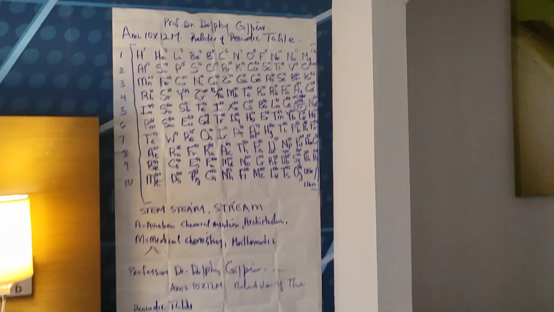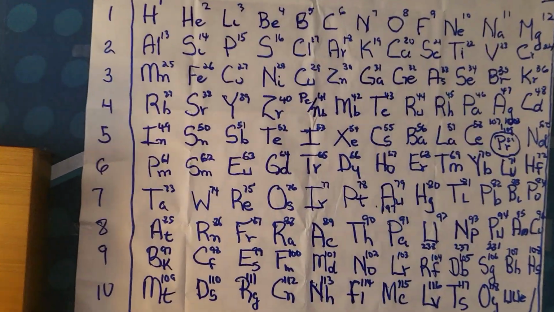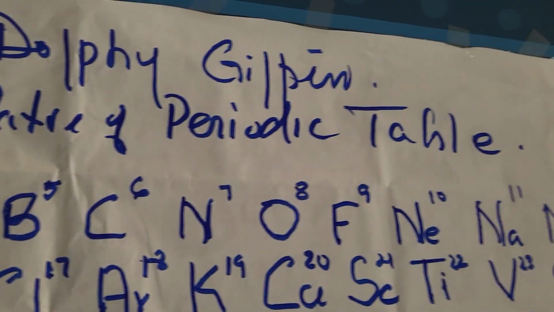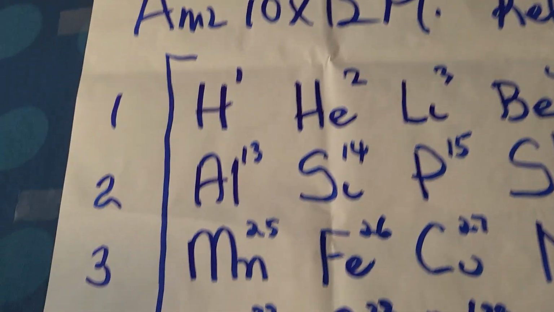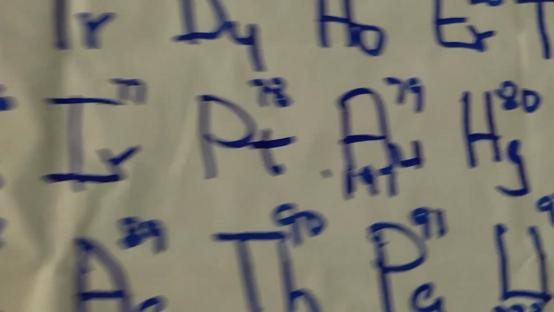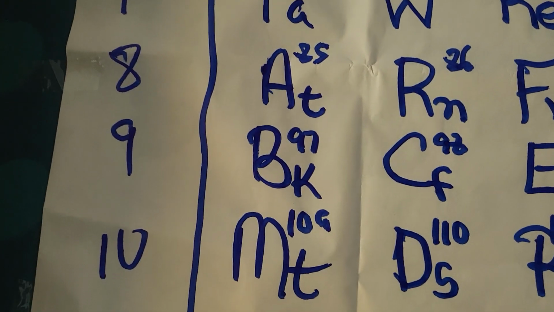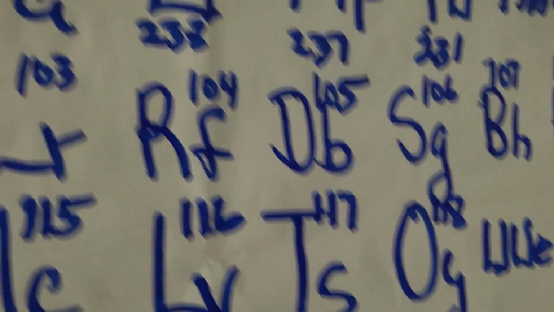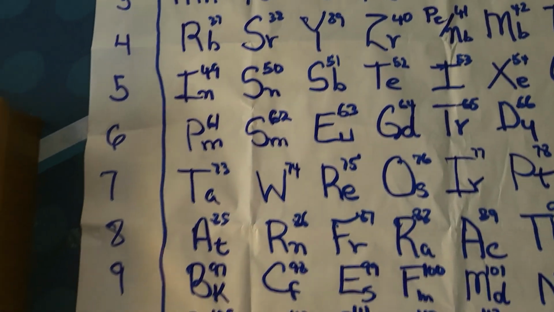Let's give an expanded view here of the AMZ 10x12 matrix, a relative of the periodic table, and we go up to 10 rows, and we come across with 12 columns, making it a nice sort of rectangular shaped thing with all 120 elements.